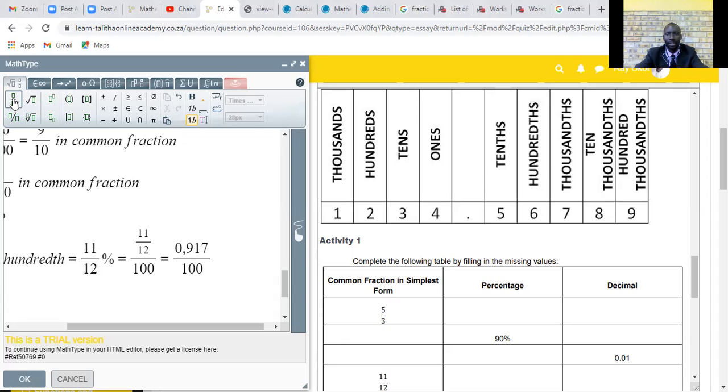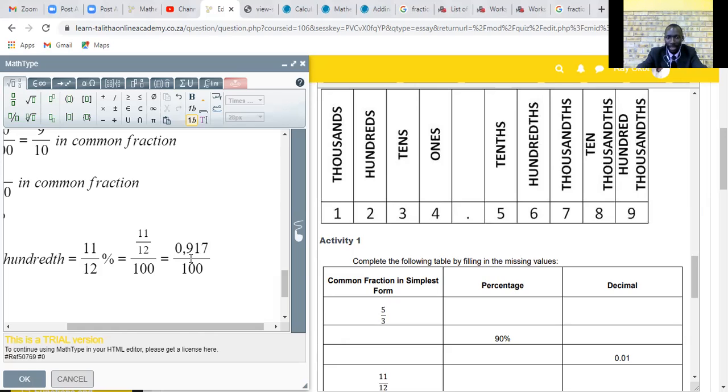Now the question here is, how do we get to that, and how do we then go forward? Now notice that this one is now the same as 0.917 hundredth. You see? And then that therefore means, notice this one is a 10, 100, 1,000, a thousand.